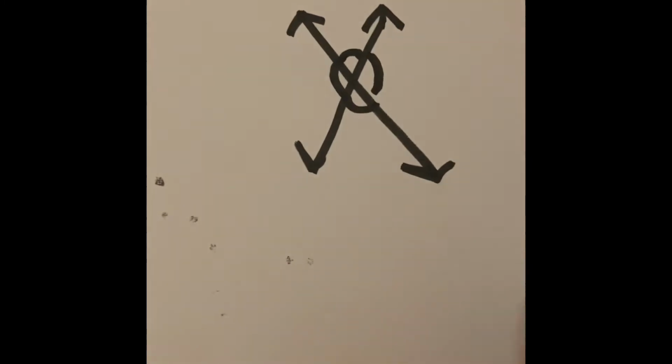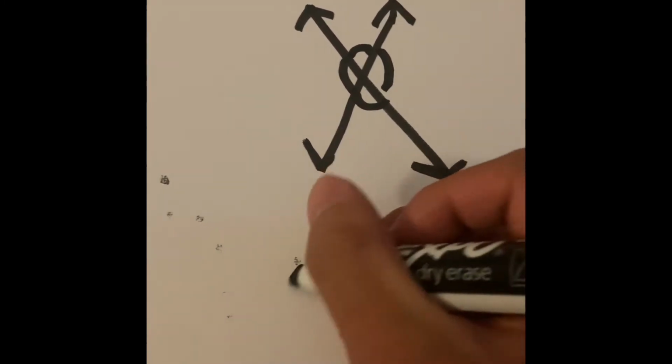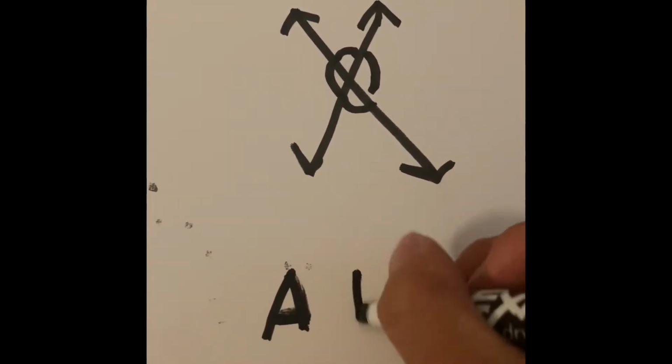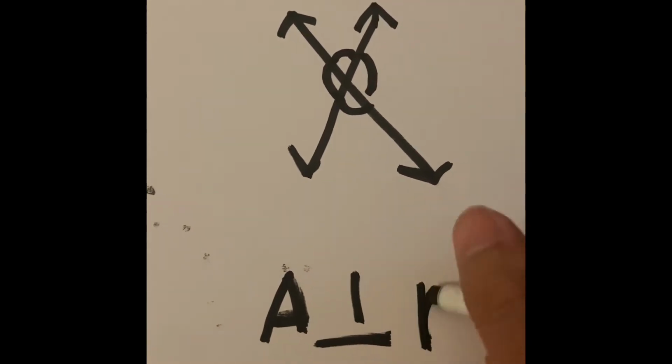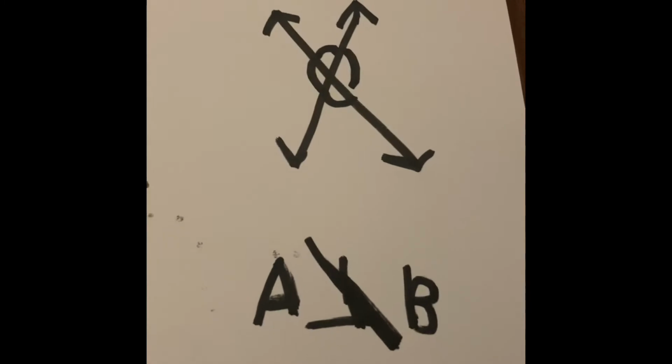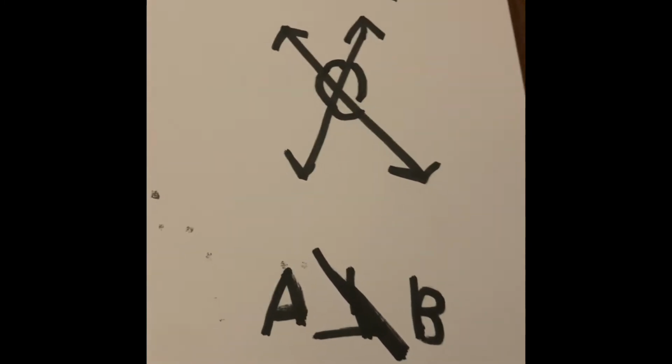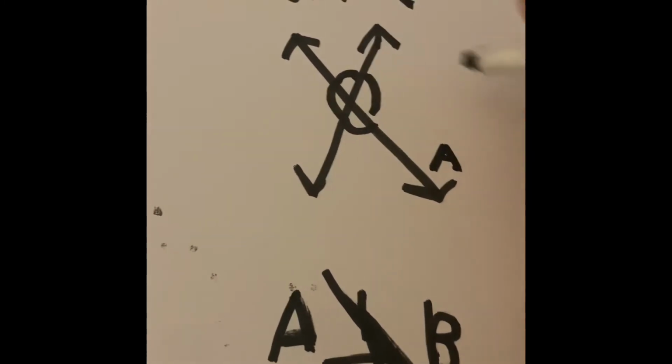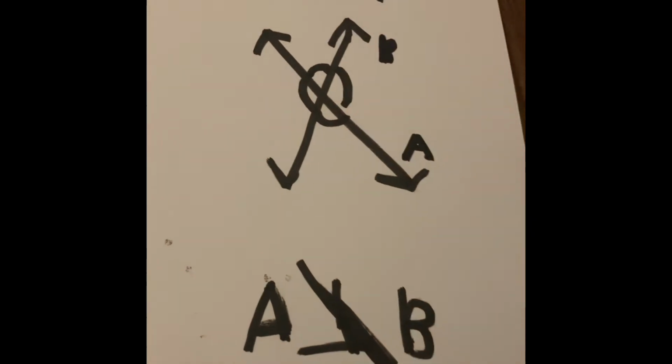In this statement, we can say that A is not perpendicular to B. Not means that you would cross it out. A is not perpendicular to B when we place A right here and B right there.